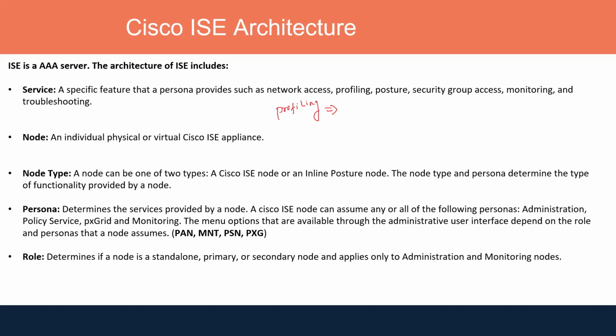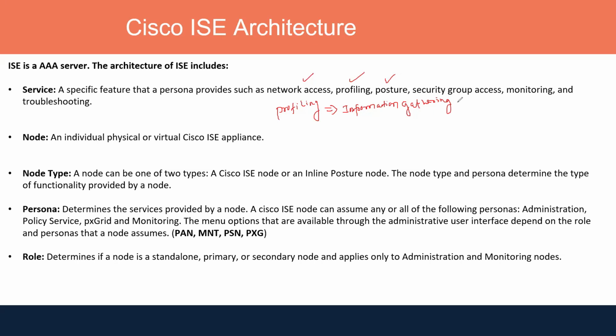So inside ICE we have various types of services: for network access, profiling, and posture checks. Profiling is doing information gathering.